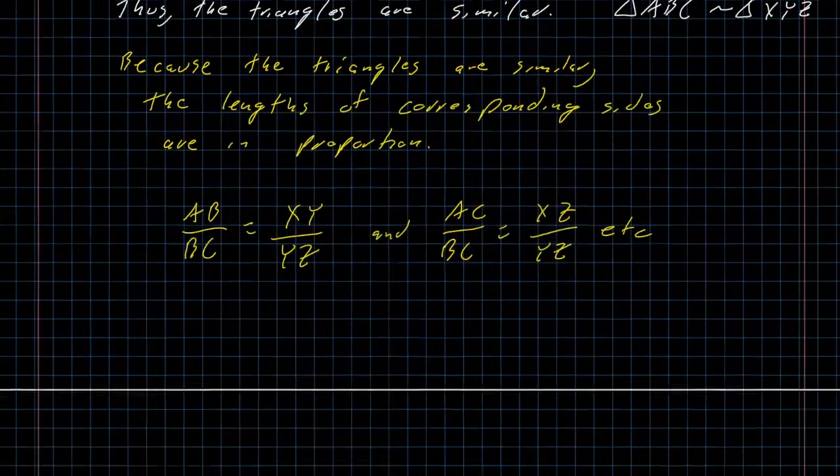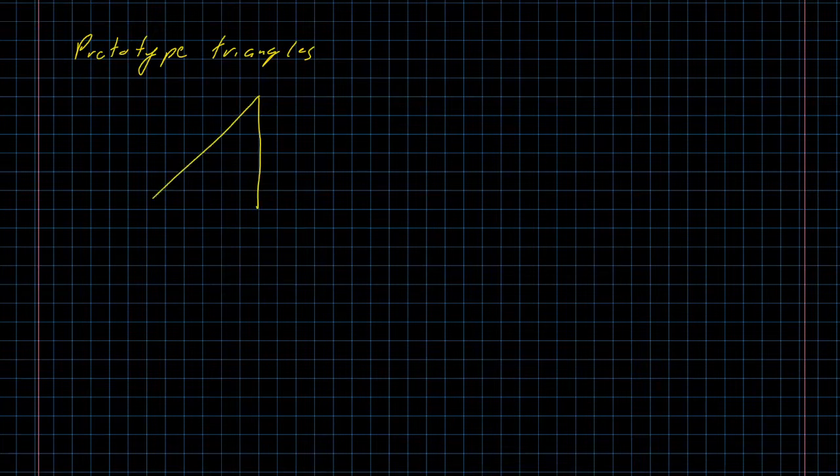But we've set up what we're going to call some prototype triangles. We need a triangle. We need that triangle to have a right angle on it.